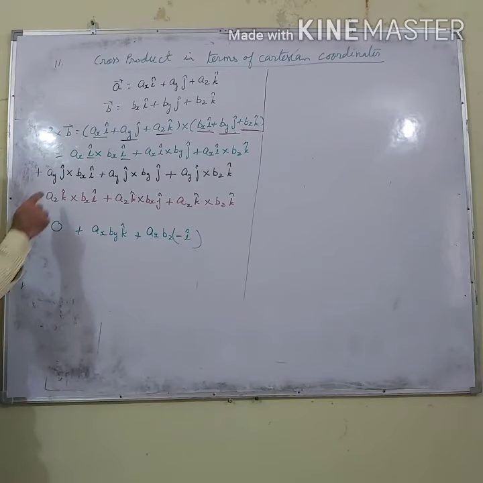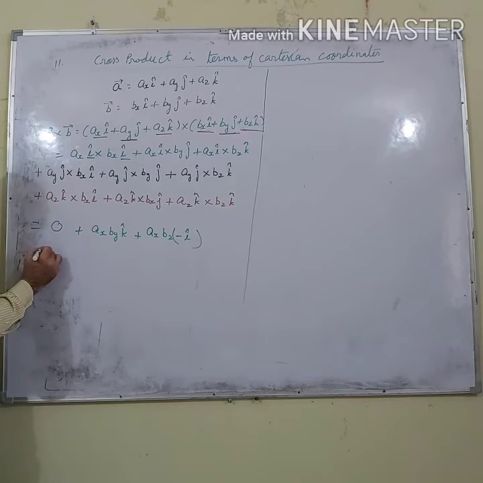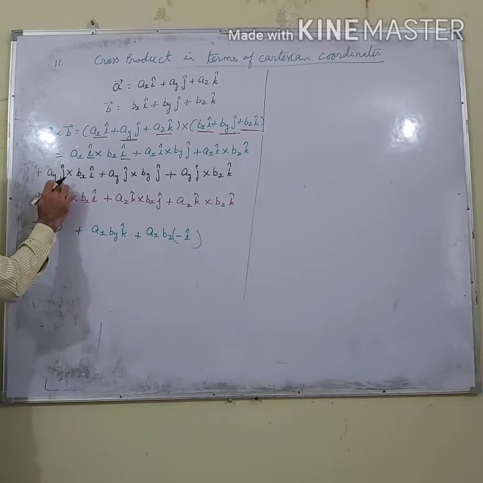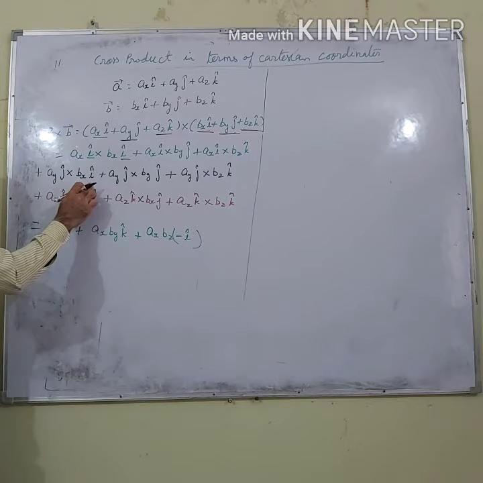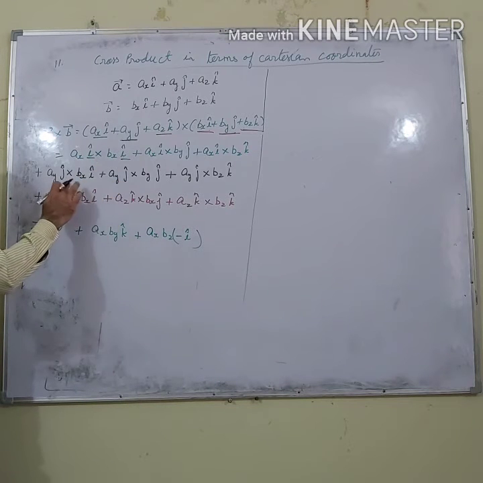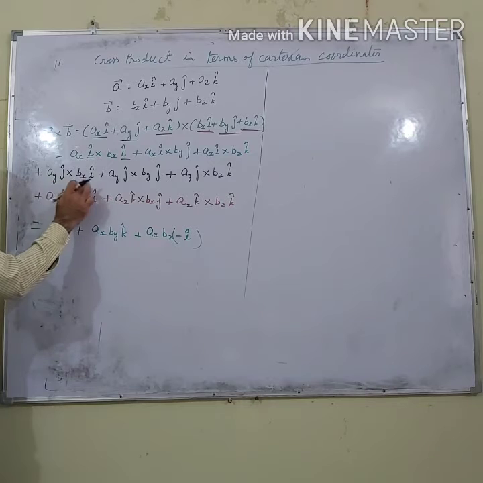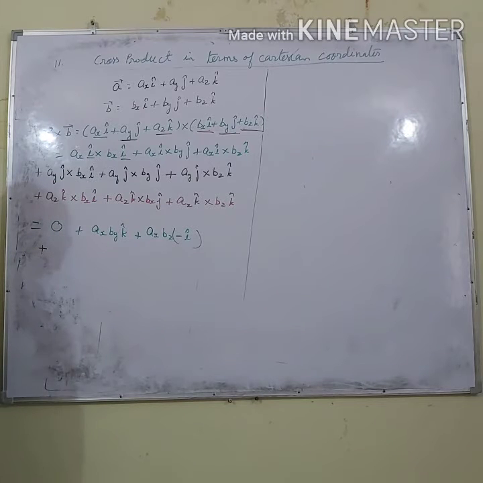Now with this second, plus, now j cross i. i j k, they are in sequence. Now it is out of sequence. So what is j cross i? What is missing? k. It will be minus k.